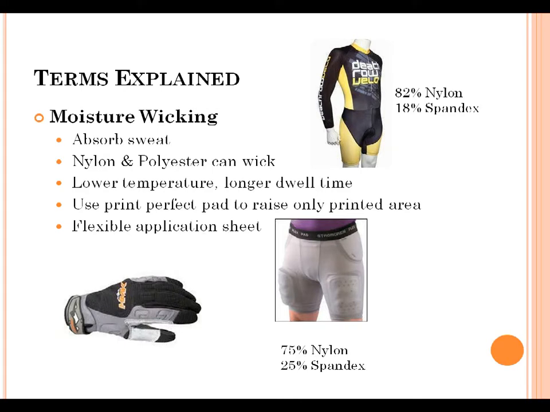Moisture wicking can oftentimes be mixed with cotton. As we can see here on the cyclist's uniform, that's 82% nylon and 18% spandex, so that's 100% synthetic. And then we've got the football pad holders, or the football undergarments. Those are nylon and spandex mixed.